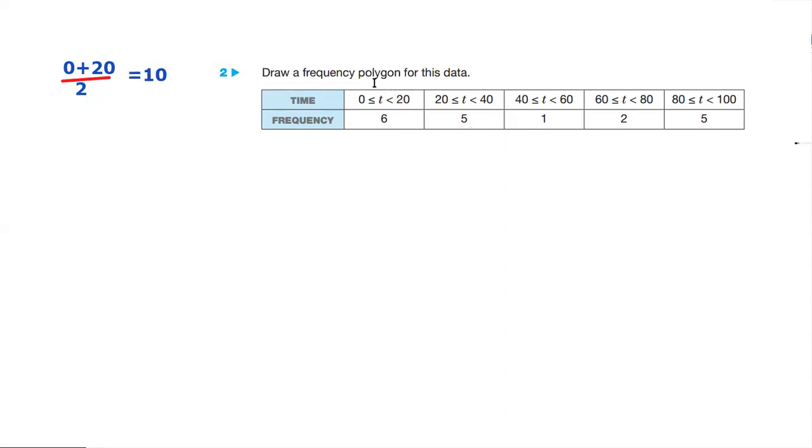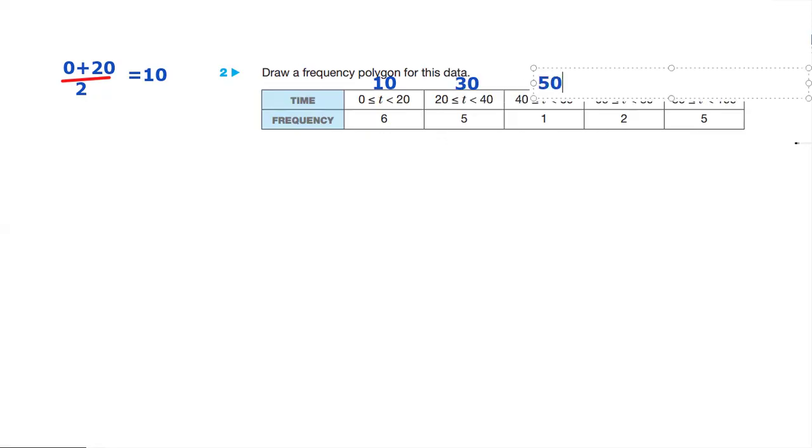So, we write 10. So the time here is 10. And the next one, same idea. We add them, we divide by 2. So 20 plus 40 is 60. 60 divided by 2 is 30. Same idea. 40 plus 60, 100.